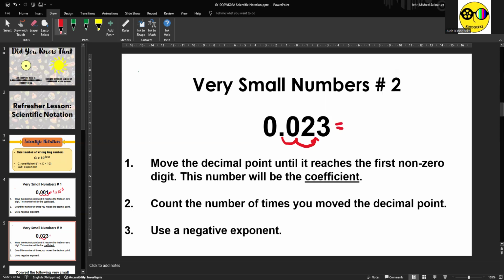As a result, our coefficient is 2.3 and then times 10. We moved it two times to the right, and because this is a small number, we will be using a negative exponent. So the scientific notation is 2.3 times 10 raised to negative 2.